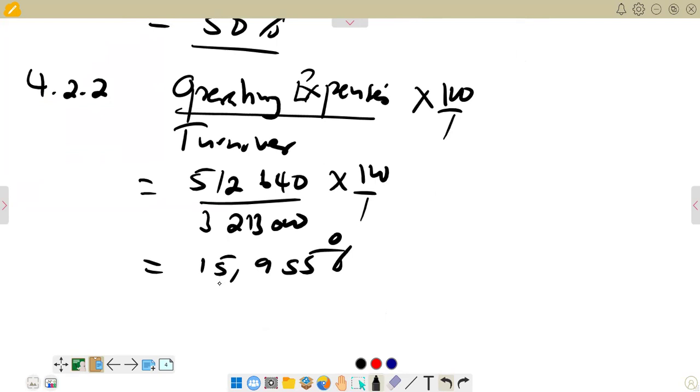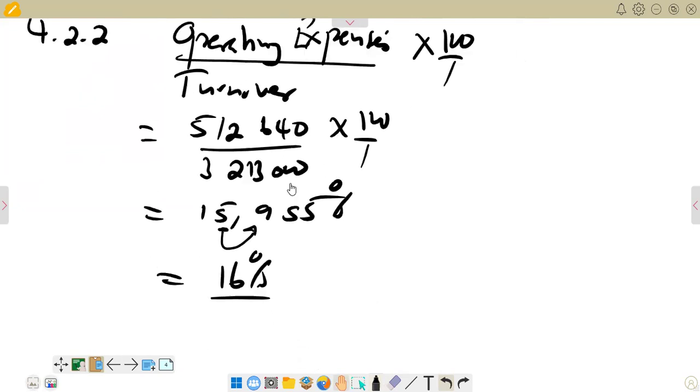We look at the last digit that we've got, which is 9. Since the 9 is in the range 5 to 9, the 5 becomes 6. So our answer becomes 16%. So this is what we have for 4.2.2. So we move on to the next question.